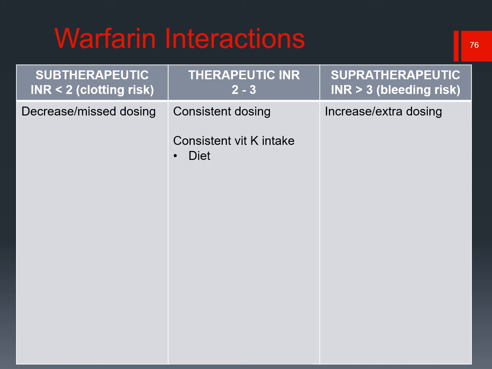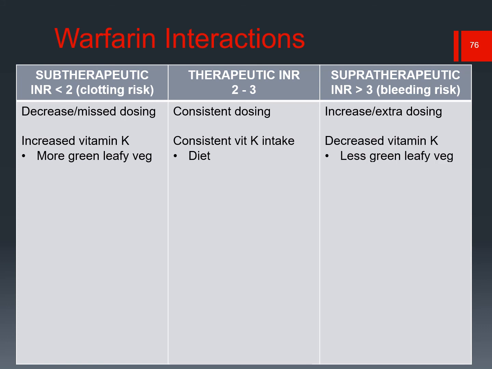There's consistency in diet that should be counseled upon. So if they're consistently eating about the same amount of vitamin K each day over the course of the week, they should have a therapeutic INR. Of course, if they increase their green leafy vegetables or the tea that they're consuming or the cilantro that they're consuming or some other contributory effect on their vitamin K increase, then that will decrease their INR.